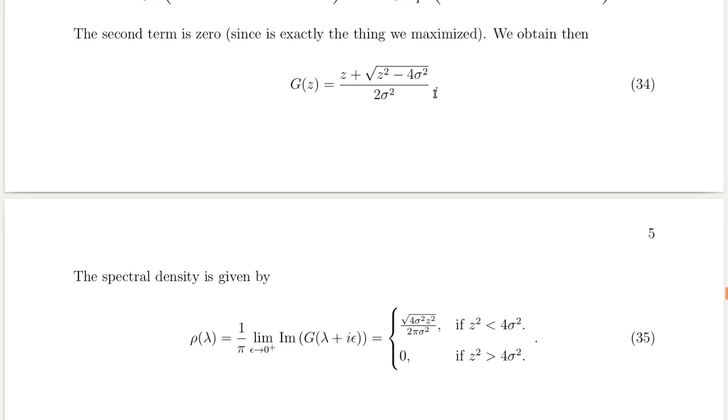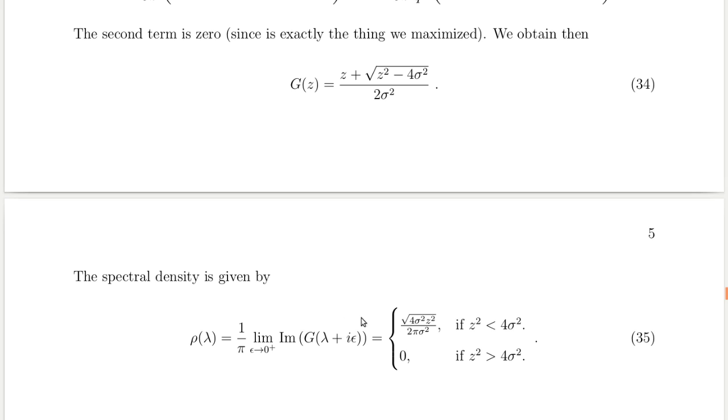If this argument is negative, the imaginary part is the square root of 4 sigma squared minus z squared. Here there is a minus. And then this is the result. Here there is a typo, there should be a minus.